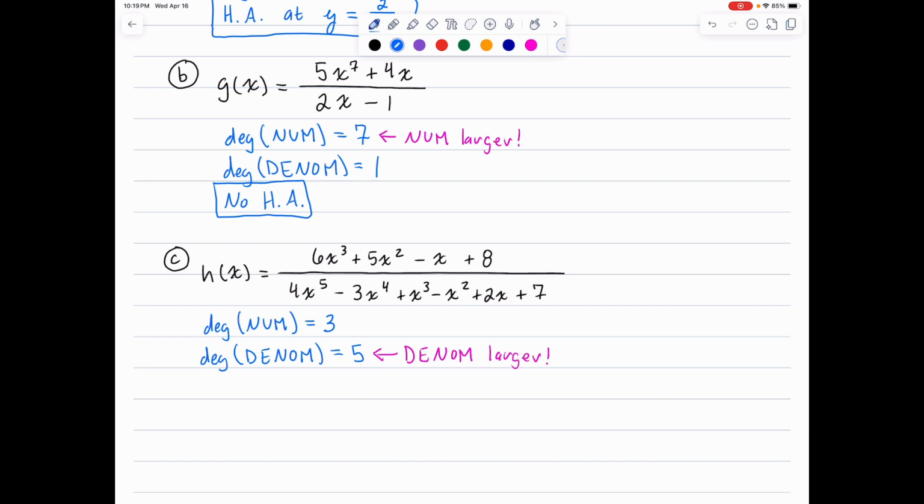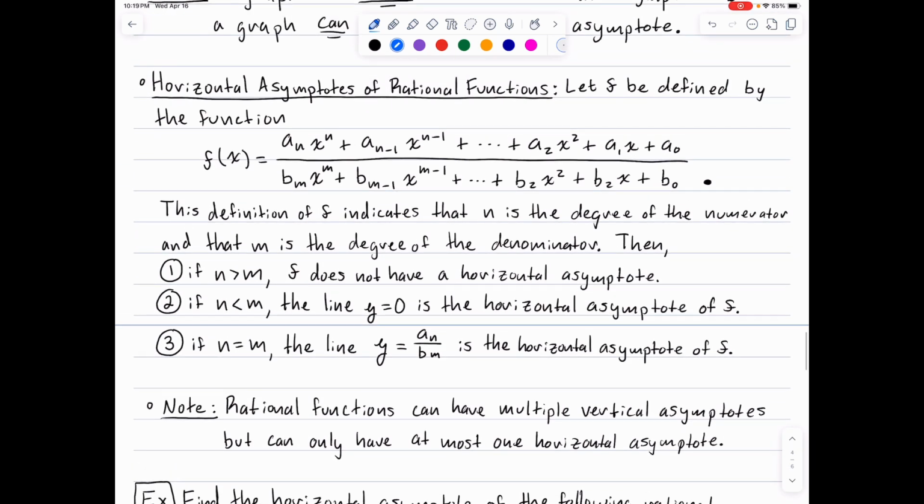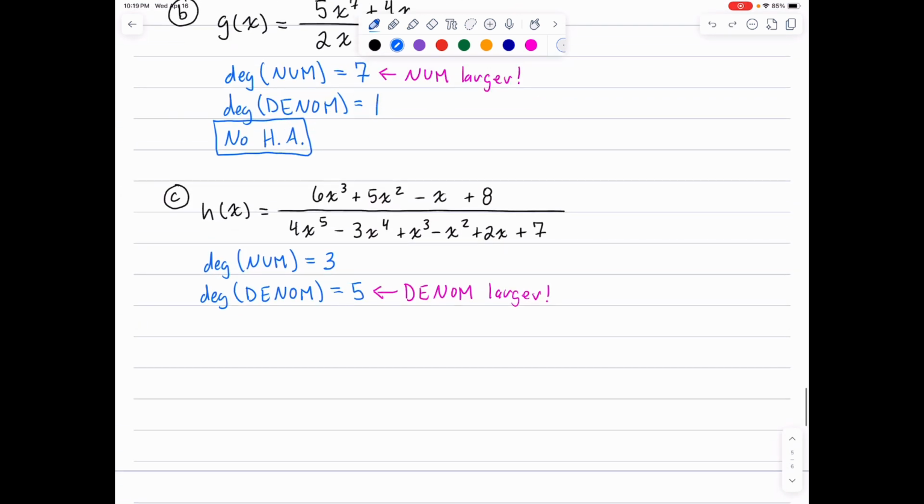So if we scroll back up, this means we want m to be bigger. That would be number 2, which means that the line y equals 0 is the horizontal asymptote. So if we go back down, we can say that there's a horizontal asymptote at y equals 0, and then you're done.